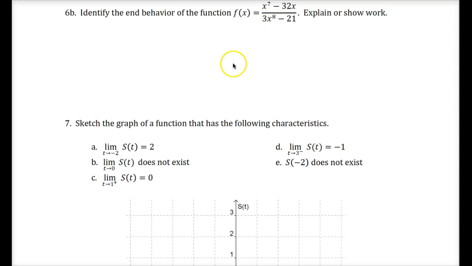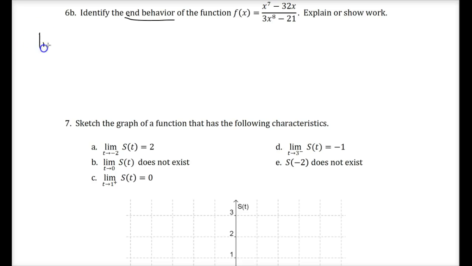So from what we remember from college algebra or pre-cal, we know that whenever the degree of the numerator is smaller than the degree of the denominator, then we have a horizontal asymptote at y = 0. And of course, in this case, in terms of end behavior here, the horizontal asymptote is the thing that is telling us about the end behavior.